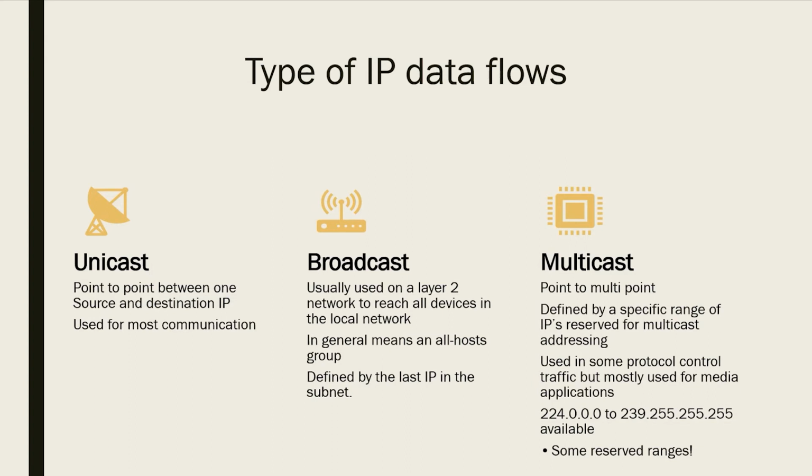Now those multicast destination IP addresses are reserved. They are specific reserved IP addresses, and they have a specific range that you can use for that assignment of multicast. We'll get onto what those ranges are later. But that's multicast. It's from one source to potentially multiple destinations.